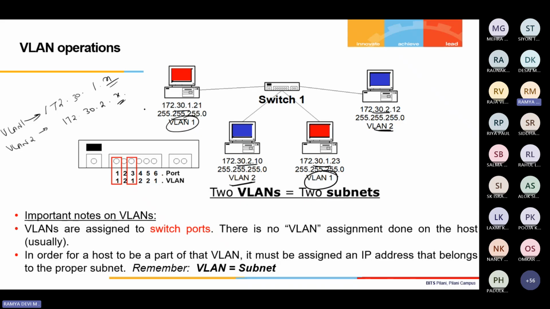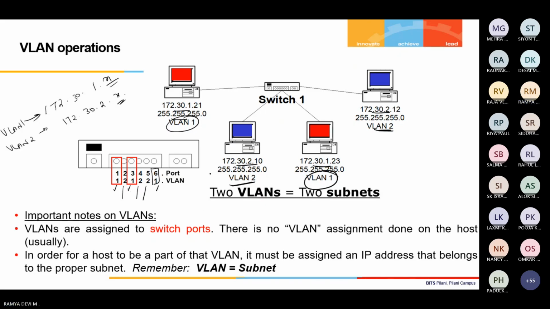This is assigned to switch ports, not the host directly. On the switch, port 1, port 3, port 6 are connected to VLAN 1, and port 2, port 4, port 5 are connected to VLAN 2. A host connected to a specific port automatically becomes part of the VLAN assigned to that port number.